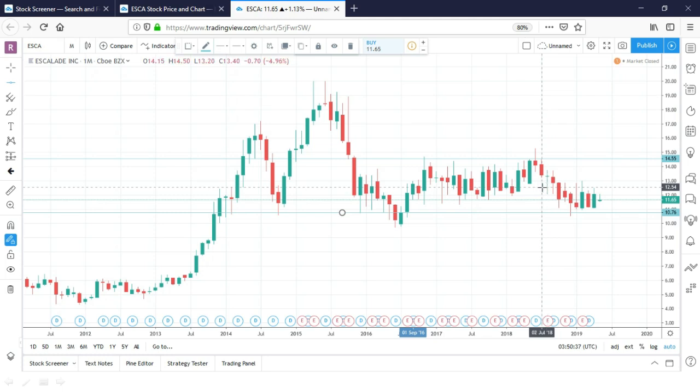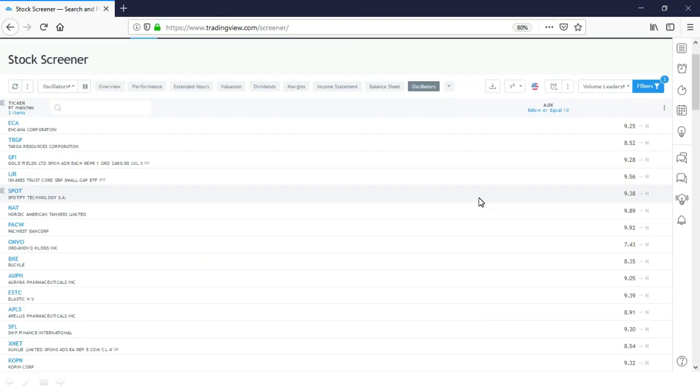Now we have to take the stocks which are trending. Now we start filtering the trending stocks based on the ADX.